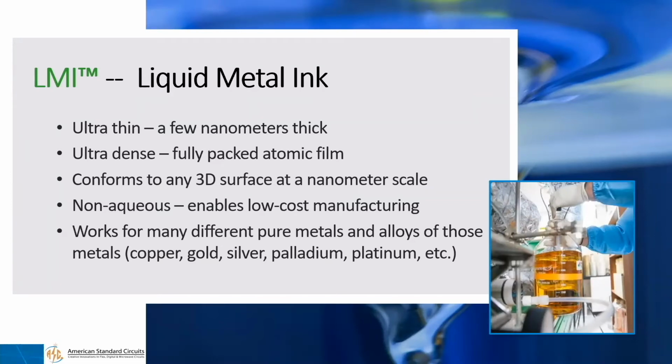Allow the solvent to dry, and then cure it so that the organic part is driven off. And what you end up with is a very pure metal layer, palladium in this case, which is used as a catalyst. And it's very thin, just a few atoms thick. And it's also a solid film.